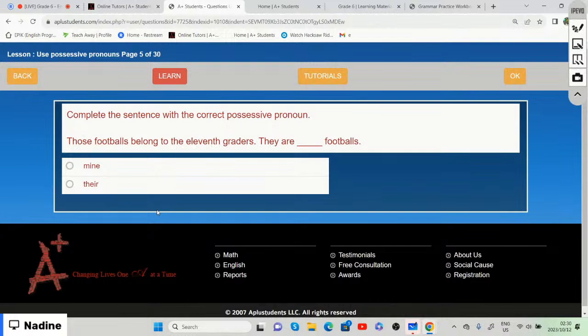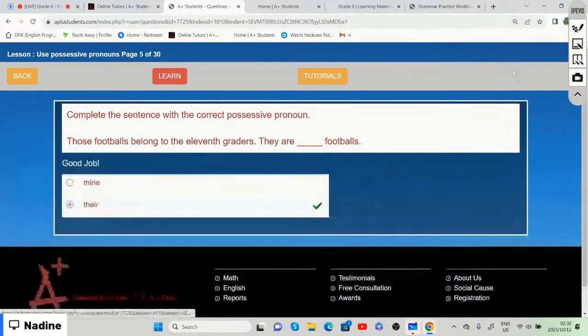So, which means that if we say those footballs belong to the 11th graders, then we can say they are their footballs. It is their footballs. All right.